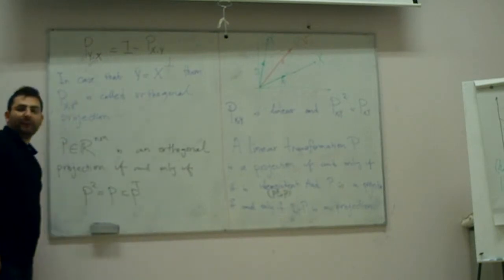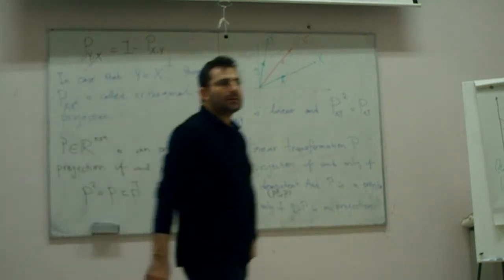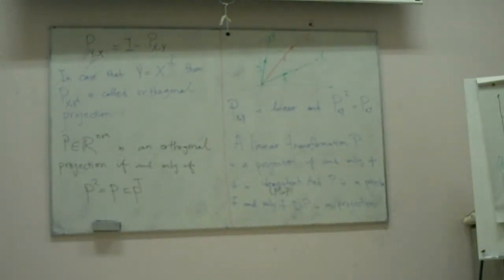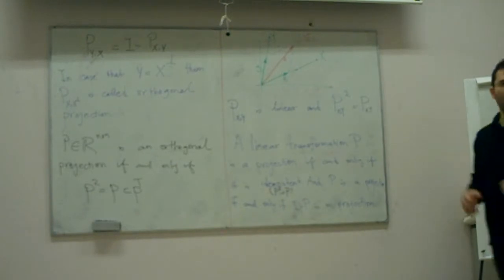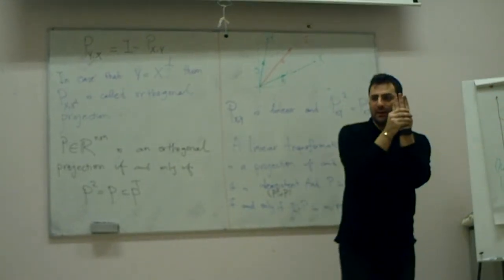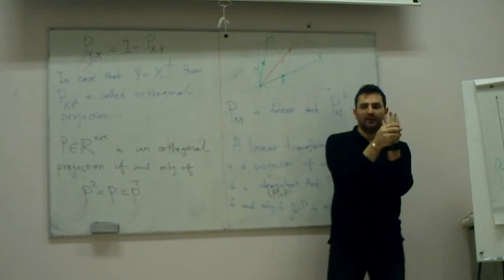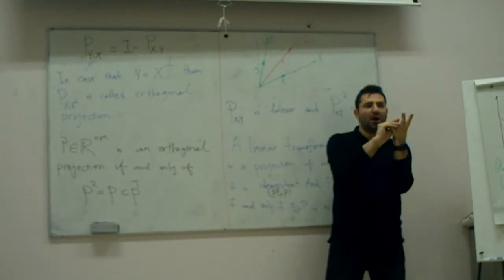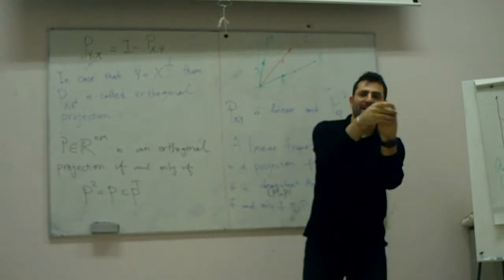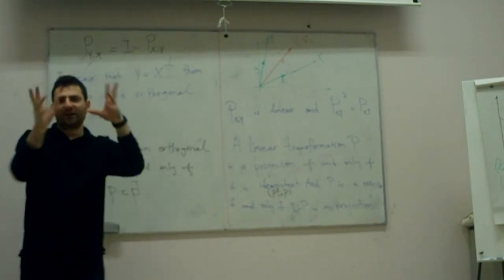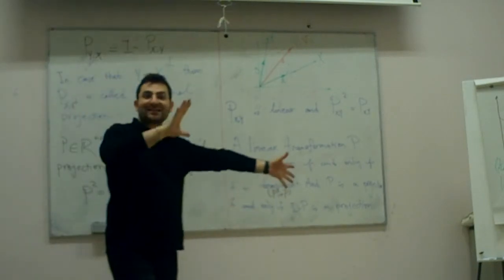Do you remember the four fundamental subvector spaces that we had? What are they? R of A, R of A orthogonal, null space, null space orthogonal. And if you remember, we had difficulty finding them till we had the SVD.